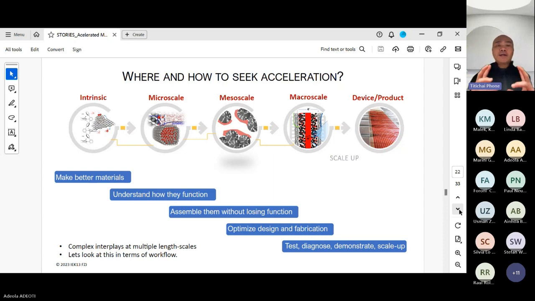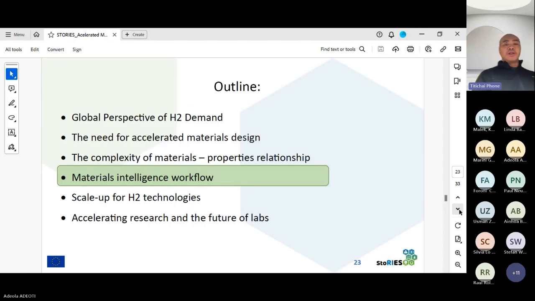So let's look at this in terms of workflow. What does that mean, and what are the decision criteria that go into this before we start pinpointing and accelerating? In the next slide, please. Material intelligence workflow.